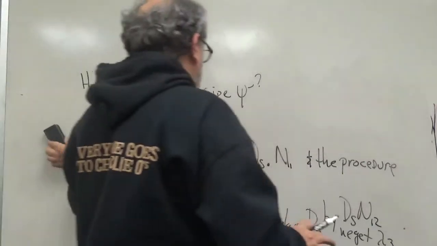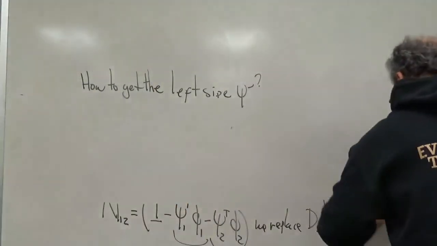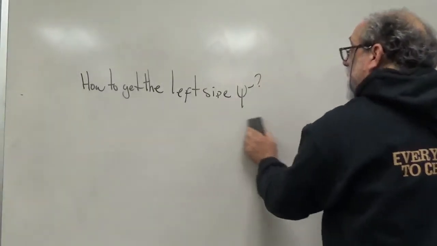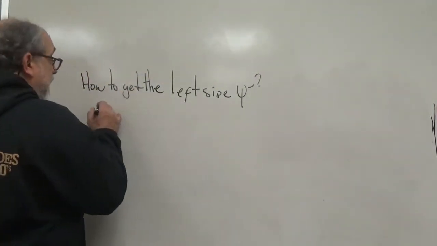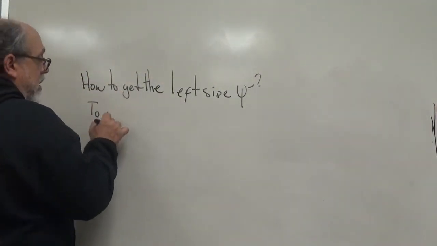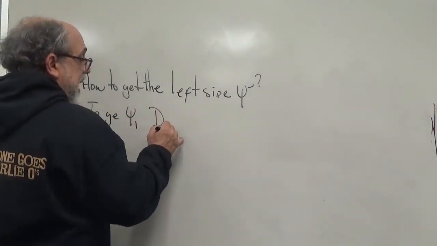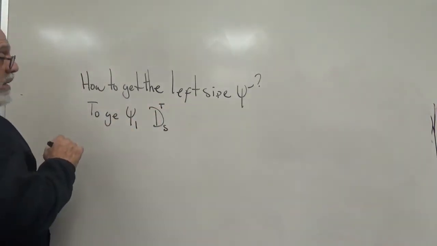You might say, but you already told us. Because what? Because I said that the left side eigenvectors are simply the right side of the transpose, right? So you could say, if I want to get phi 1, I could try to solve ds transpose, right?